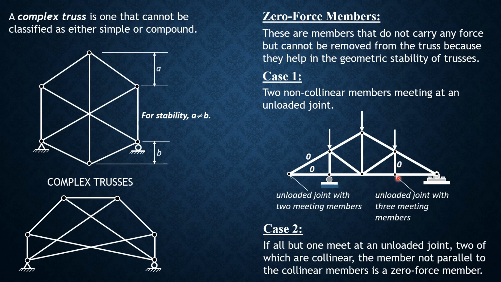If these two are collinear, therefore this member is unique. If you concentrate on this joint here, summation of forces vertical is 0, then obviously this is 0 because that's already vertical, and you have nothing to add because this is unloaded. So that's why it is 0. It is a zero force member.